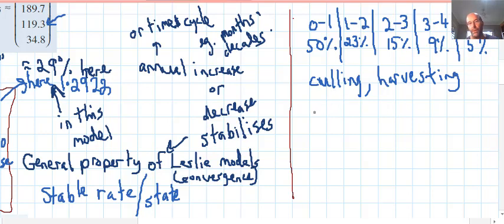But if the populations get too high, we might have a culling or harvesting factor. But what factor? We need to do it in a controlled way, so we can't just obliterate kangaroos without any planning. And some people would say we can't obliterate kangaroos at all, but that's a completely different argument.